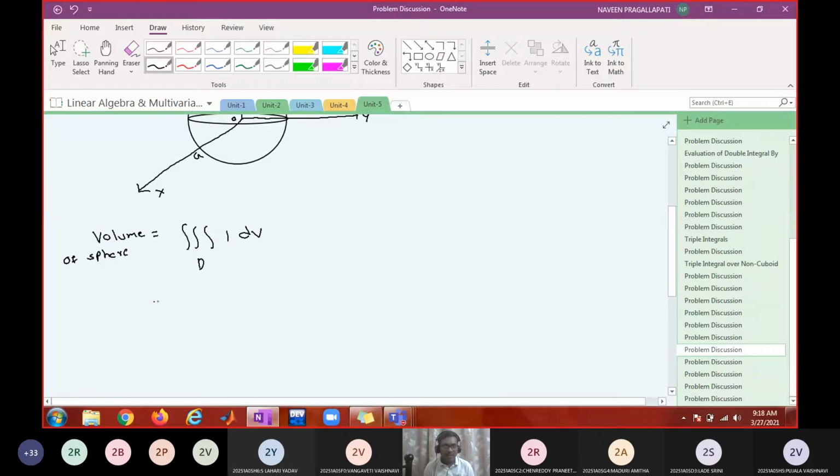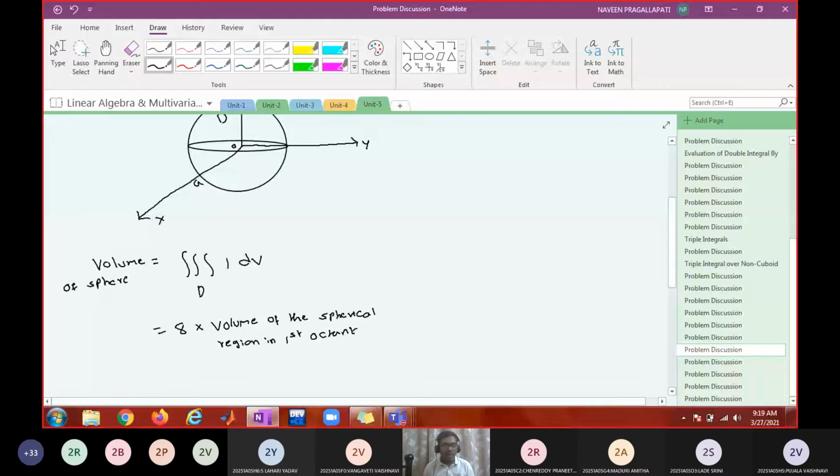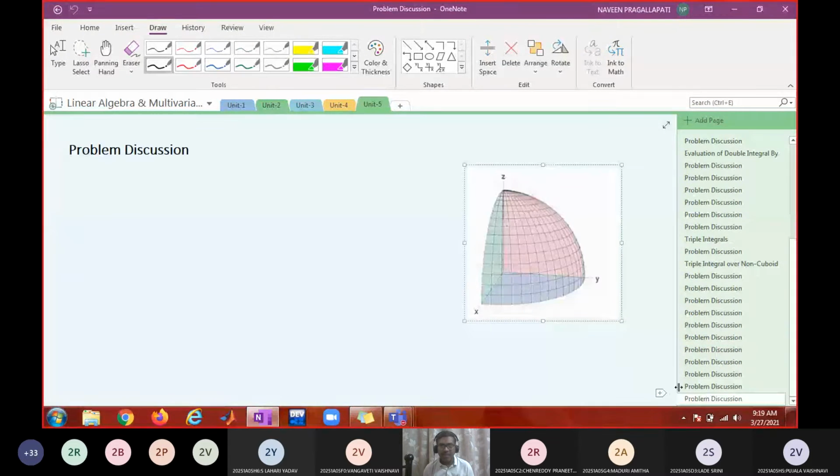So therefore, to find out the volume of the sphere, it is sufficient to find out the volume of the spherical region in first octant. So how does the volume look in first octant? You see here.